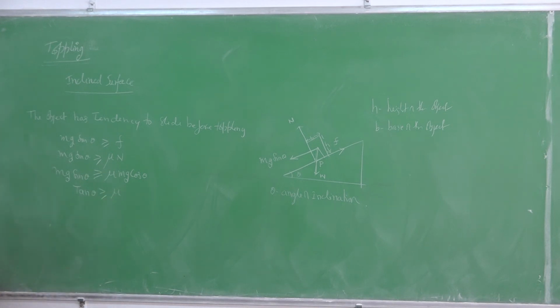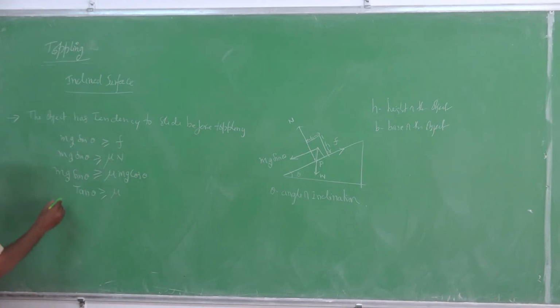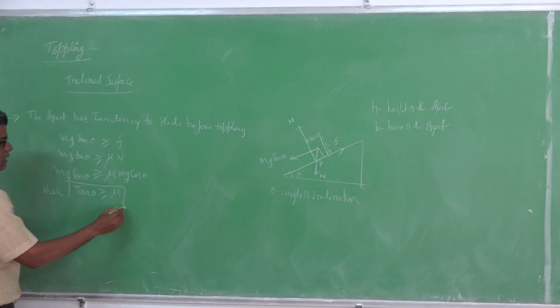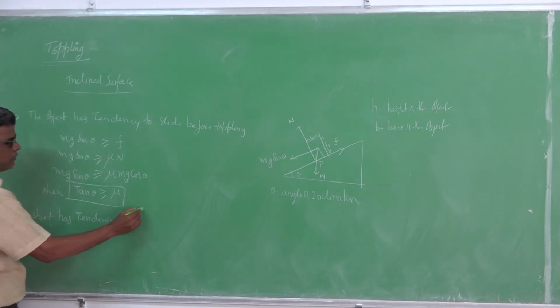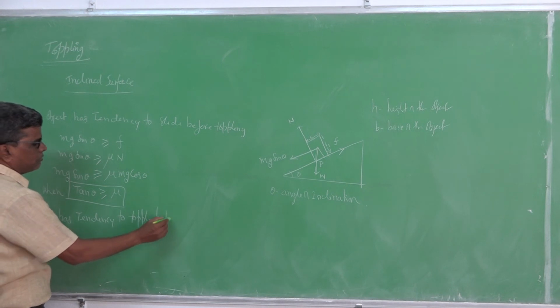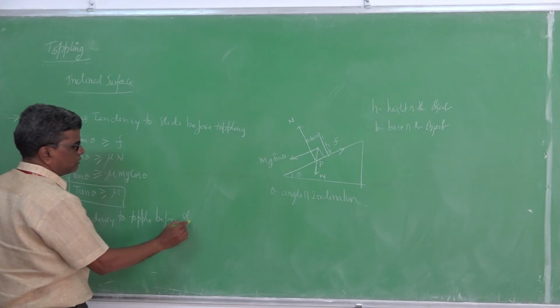So the object has a tendency to slide before toppling when tan theta is greater than or equal to mu. Otherwise, the object has a tendency to topple before sliding.